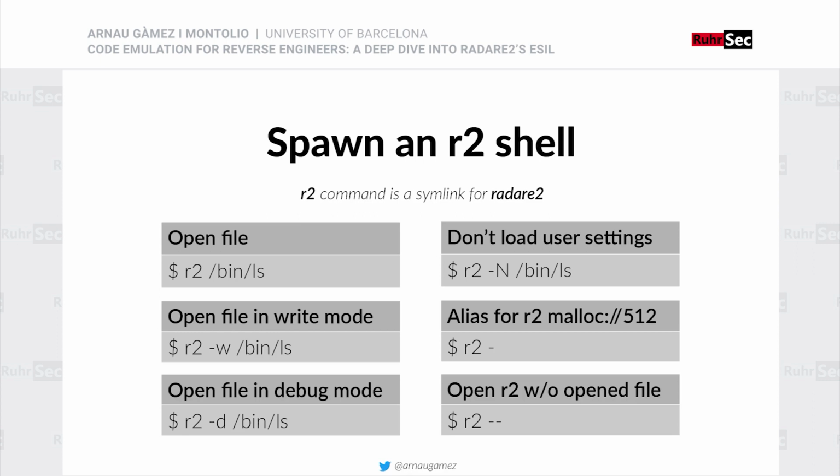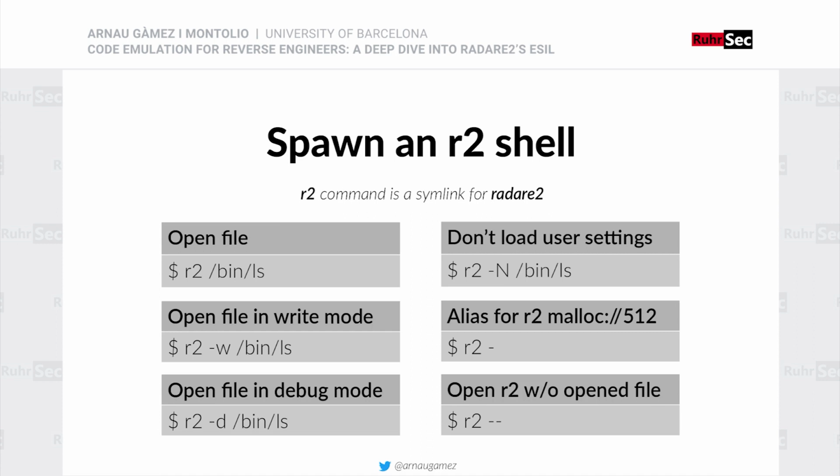So let's see, how can we spawn an r2 shell? First of all, notice that r2 is just a symbolic link for radare2, and we will usually use that for spawning a shell. We can just open a file regularly. We can open a file in write mode, that is, we will be able to overwrite the contents of that file, and that will be stored directly on disk.